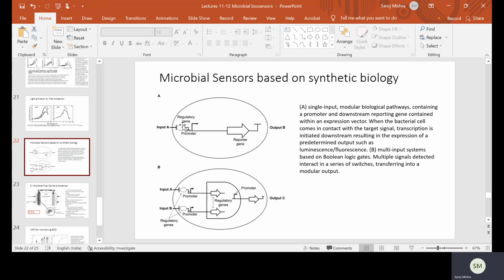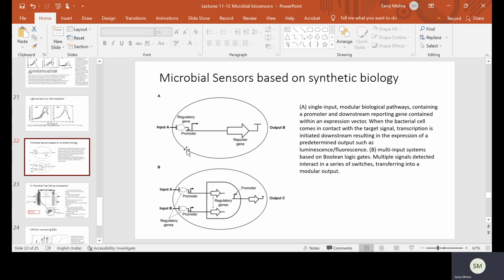It binds to the product of a regulatory gene right here, and the input along with the regulatory protein binds to this operator promoter sequence. It turns on the transcription of a reporter gene, and then there is an output which is fluorescence, which could be the green fluorescent protein.